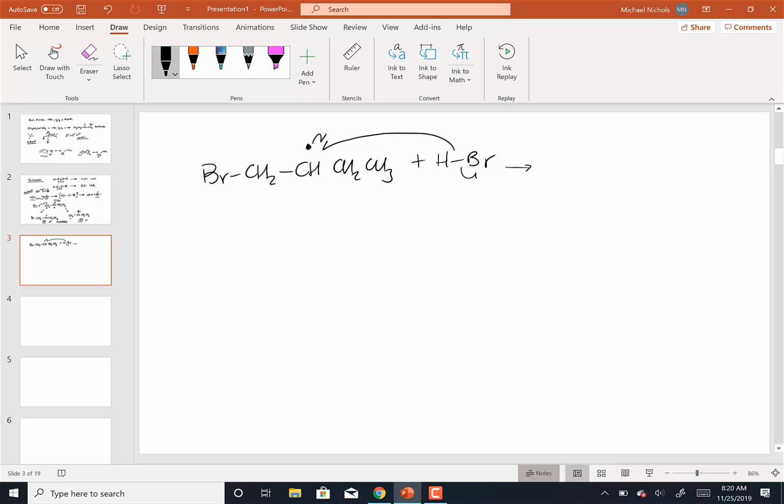What's the transition state going to look like? The transition state is going to have the CH partially bonded to the H, and then that H is partially bonded to the bromine as the HBr is breaking apart.